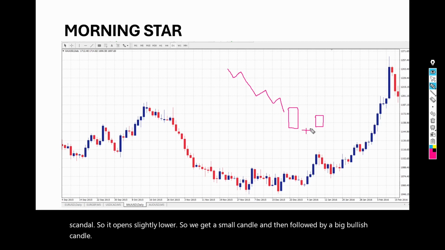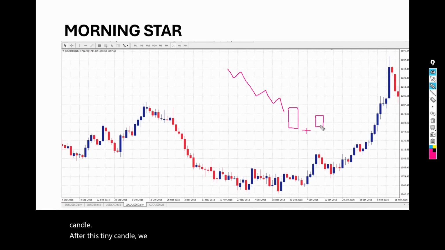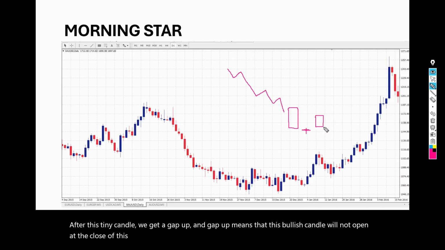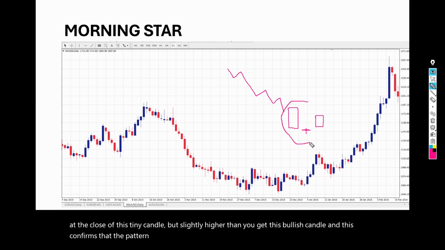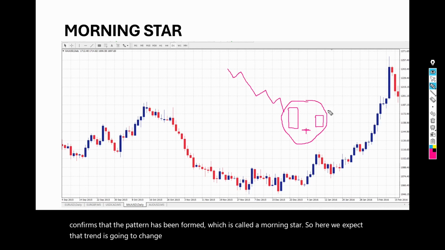After this tiny candle, we get a gap up, and gap up means that this bullish candle will not open at the close of this tiny candle, but slightly higher. Then you get this bullish candle, and this confirms that the pattern has been formed, which is called a morning star. So here we expect that the trend is going to change from the bearish trend into a bullish trend.